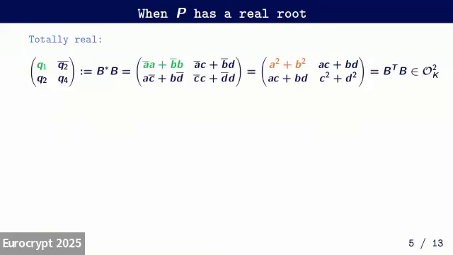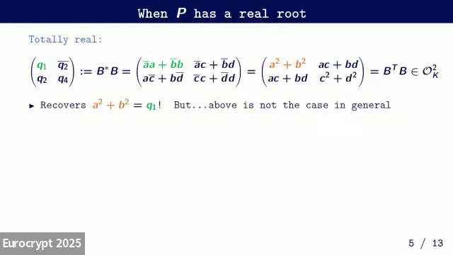If we write that out, then we get this a bar a plus b bar b, and that's going to be exactly the same as a squared plus b squared. So from this Gram matrix, we immediately recover a squared plus b squared, and that's what we will use later, the knowledge of this value.